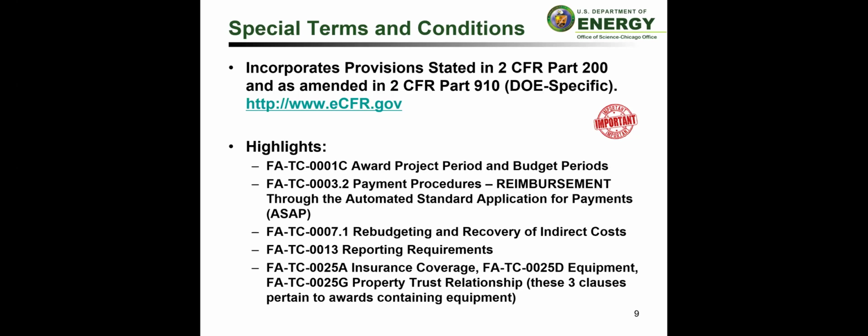Clause 7.1 talks about rebudgeting and recovering of indirect costs, and essentially states that we're not going to just do budget revisions or approve them merely to help a company recover their indirect costs. We do understand that funds are limited, but it is at the company's discretion how they choose to submit that budget.